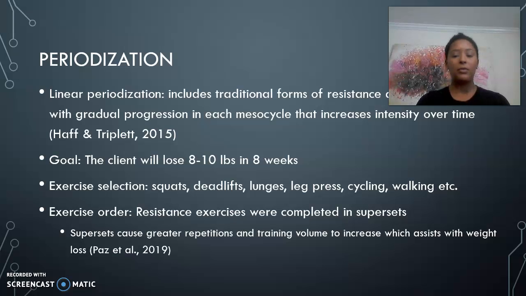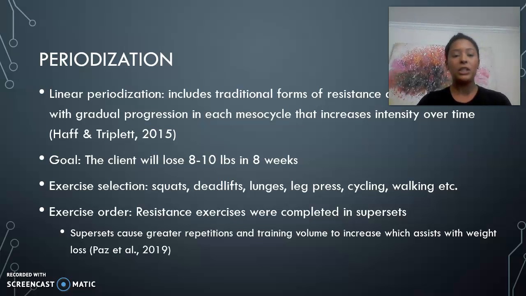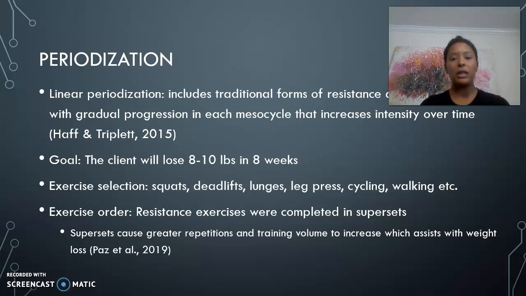Let's say I'm doing bicep curls, then the next exercise directly after that, without a rest, I would do tricep dips or overhead tricep extensions. Supersets can cause greater repetitions and training volume to increase, which assists with weight loss. The incorporation of resistance exercise was also used to achieve the goal, as I said before, of 8 to 10 pounds in the 8 weeks.